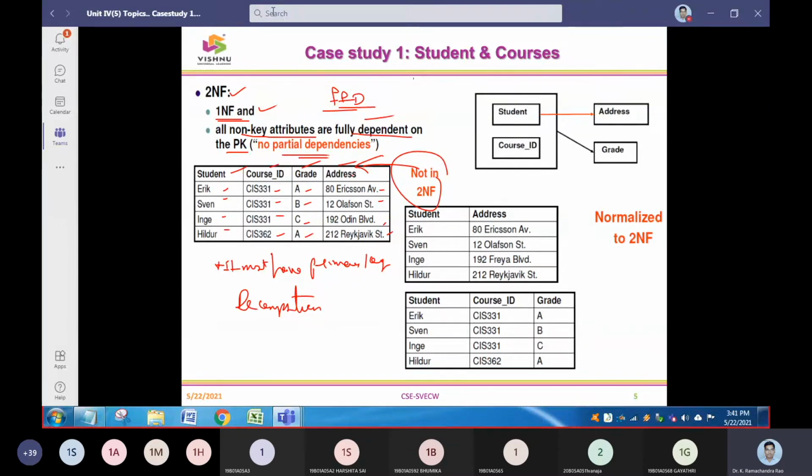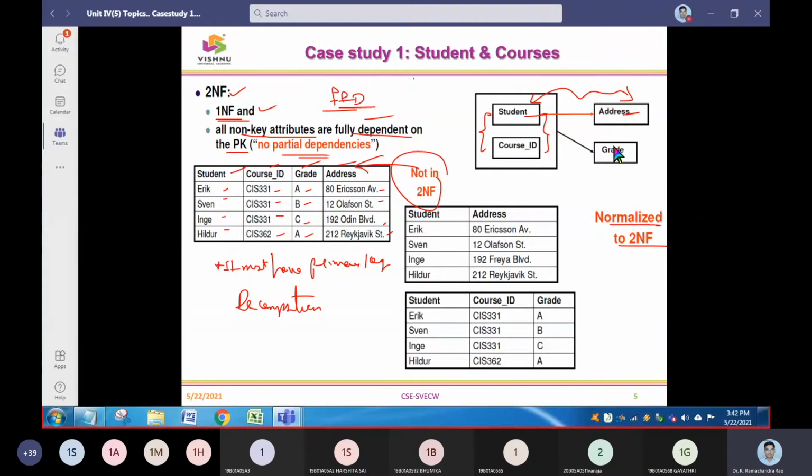Okay, now as a computer science engineer, you have to repair it. You have to normalize it. How can you repair or normalize? I can see that students and courses are related, and I can see that this girl comes from this place and lives in this hostel. That means the girl is going to have some address.